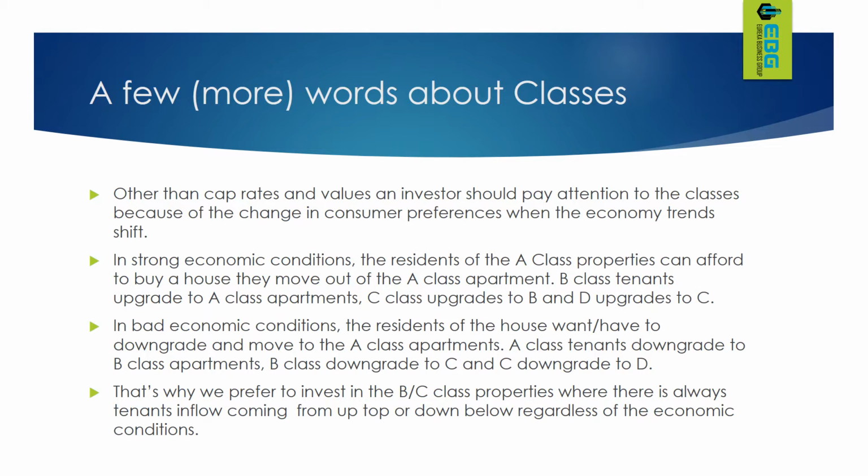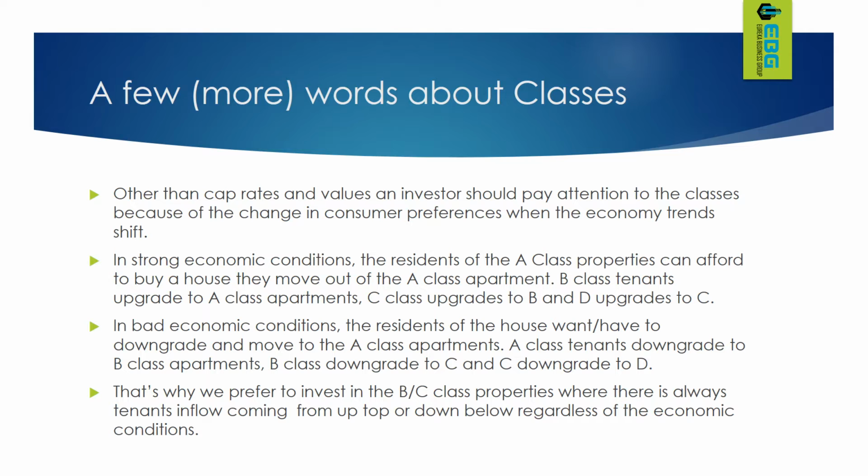So just a few more words about classifications of properties and areas, right? The reason we have that is not only to be able to determine the cap rate and look at the value of the property based on the amenities and its age and its condition. It's also about how the economics shift the demand and supply in the market.